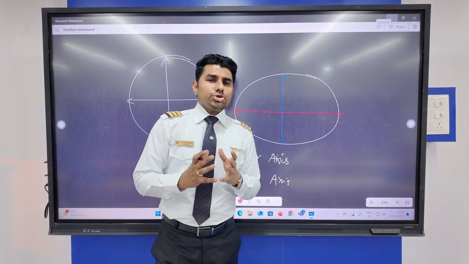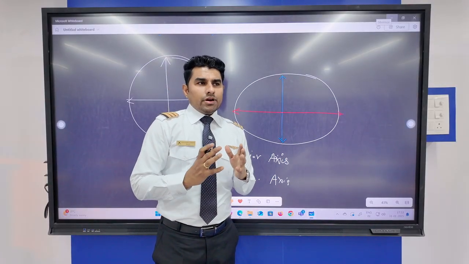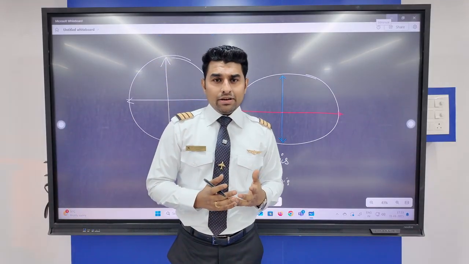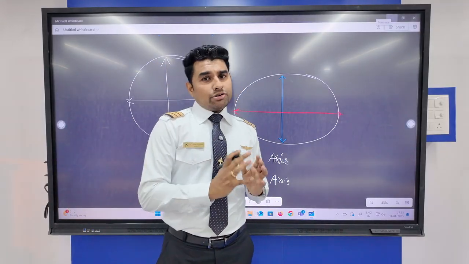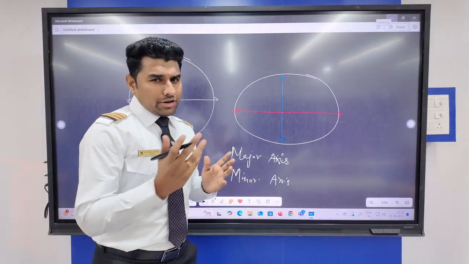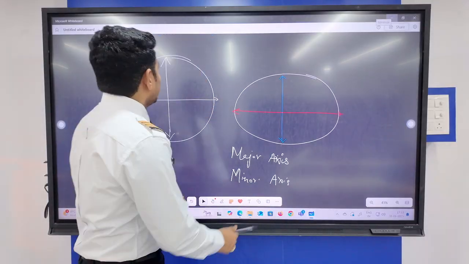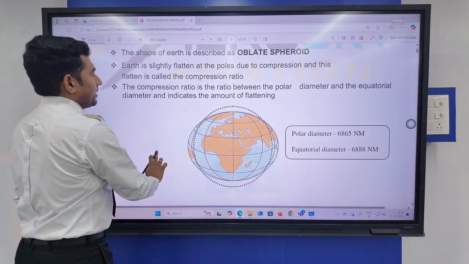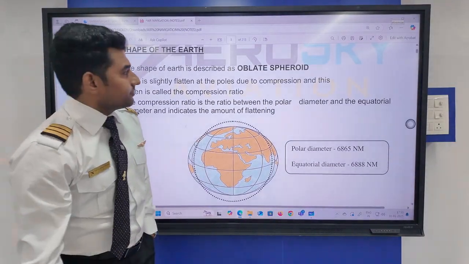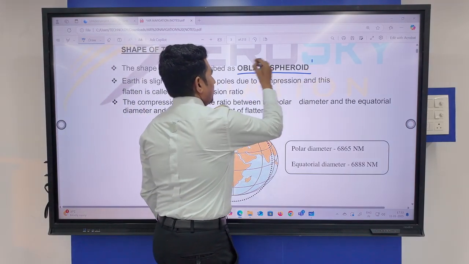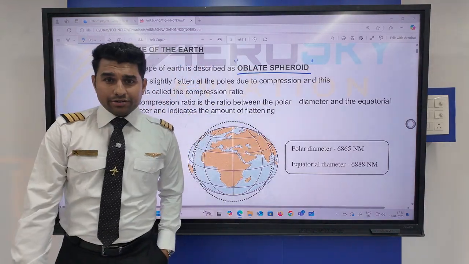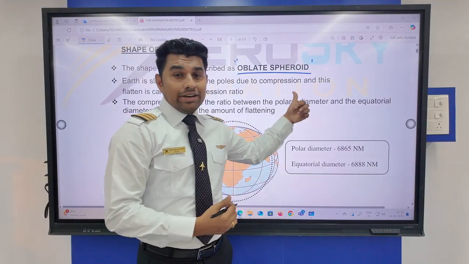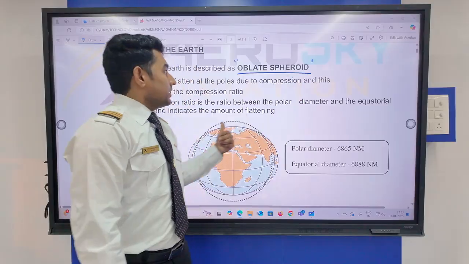So how much do you think these lengths are? Obviously you won't be using this for day-to-day life of flying, but for the exam purpose you have to remember the length, which is given in your books as well. Nothing different to worry about; if you check your notes, it's given. All the points that we discussed, please remember: oblate spheroid is also called ellipsoid and geoid, so three terms for this are important.